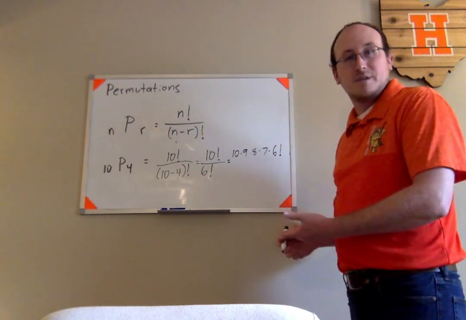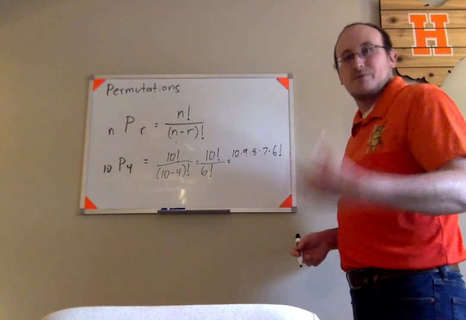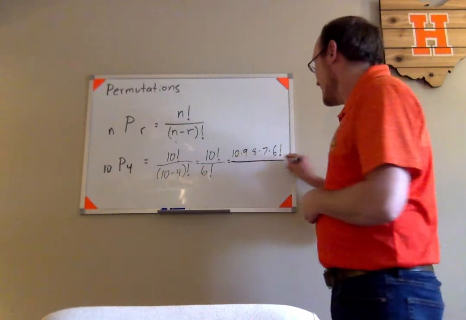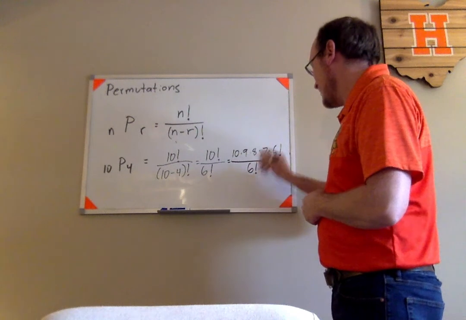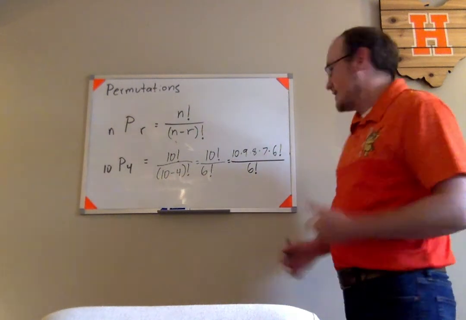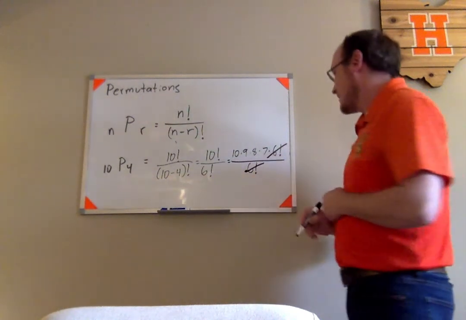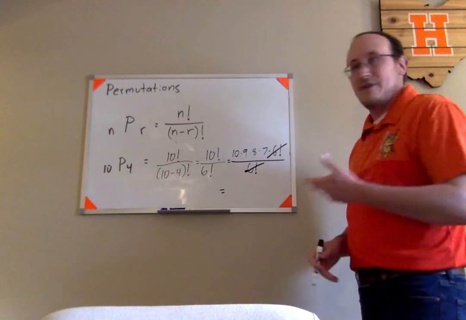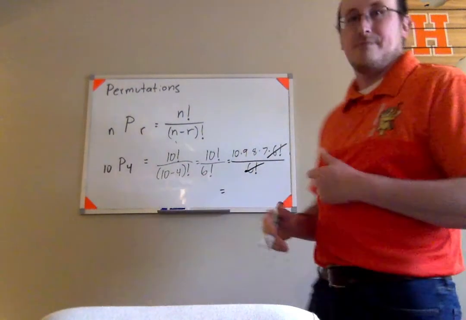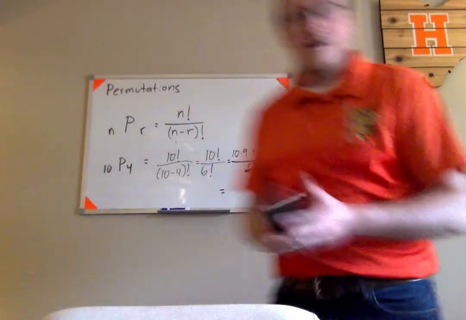That's what it means. It means times 6 times 5 times 4 times 3 times 2 times 1. Hopefully you can see by doing that, I also have 6 factorial in the denominator, so those two things could just cancel out, and I would be left just needing to compute 10 times 9 times 8 times 7 to have this problem worked out.